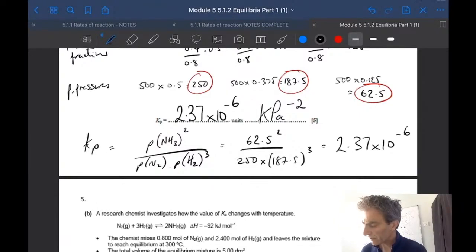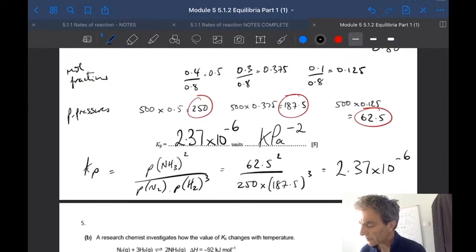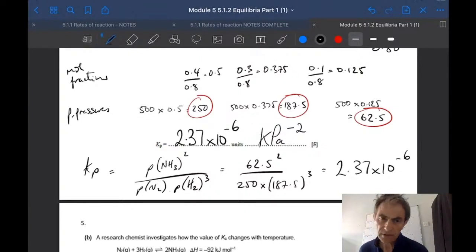So just remember those little things you can do along the way of a KP calculation. Make sure your mole fractions add up to 1, make sure your partial pressures add up to the total pressure. And remember the type of brackets you have to use in the KP expression. Just don't use square brackets. If you'd rather not put any brackets in at all, that's absolutely fine.